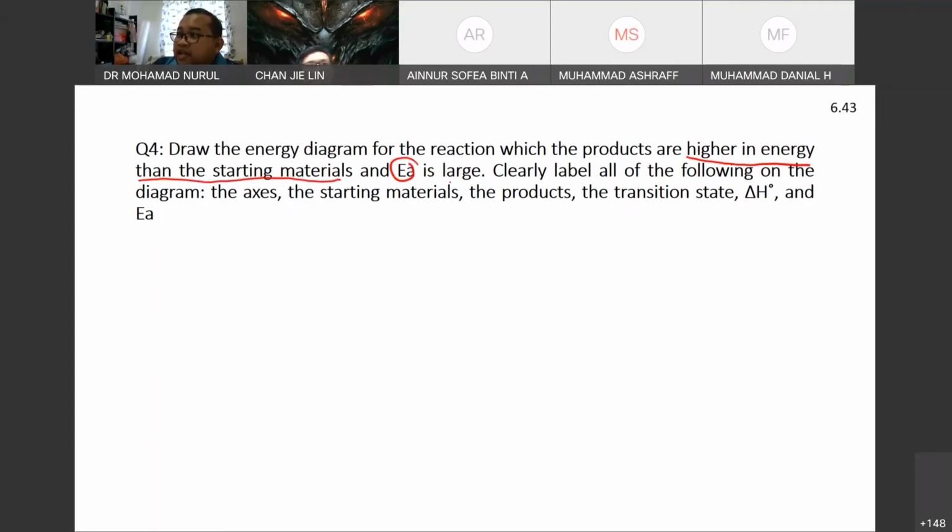Activation energy is large, which means the hump is quite high. Clearly label all: the axes, starting materials, the products, the transition states, delta H, and activation energy. So there is all this information you have to put inside the energy diagram. So these are the answers.